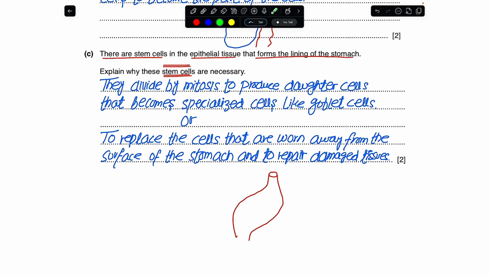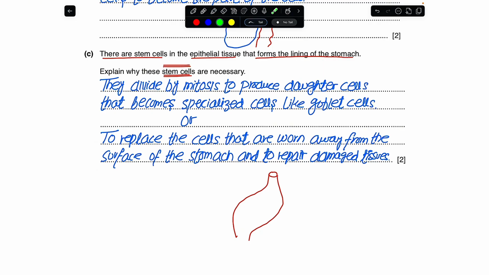Why are the stem cells required? Because the stomach has hydrochloric acid in it. There are a lot of muscles pressing on the food to bring about the physical digestion of the food. So over time, some of the cells of the stomach would degrade or die, and I would want to replace them if I would like the stomach to continue its proper role. This is one approach.